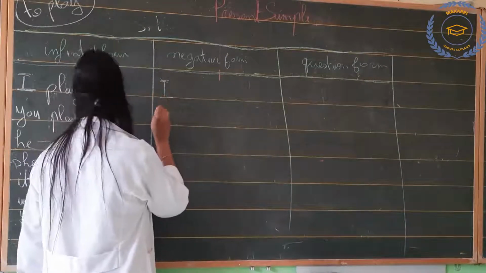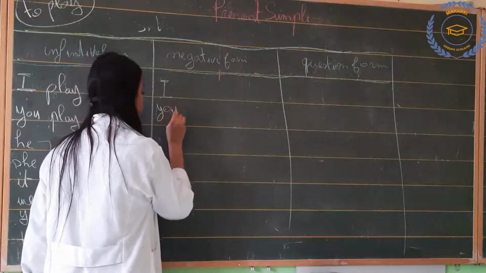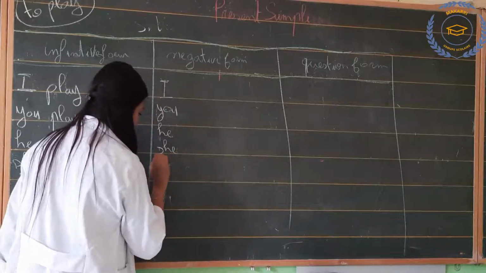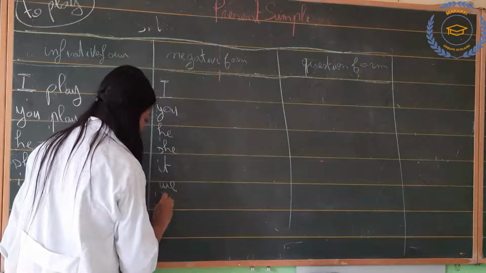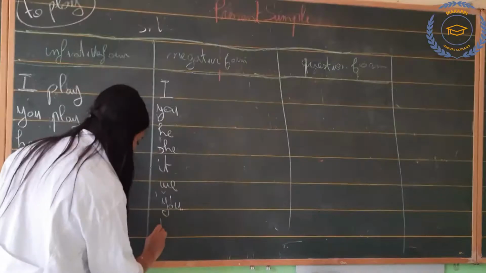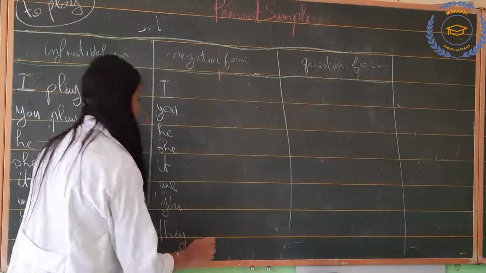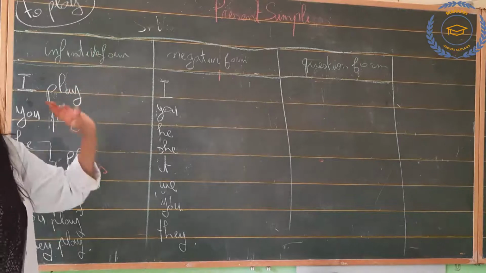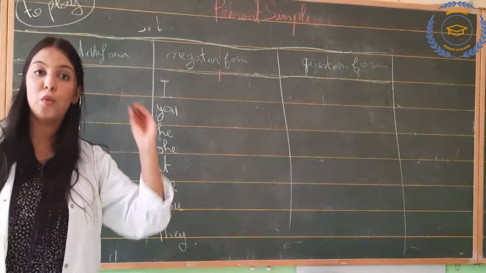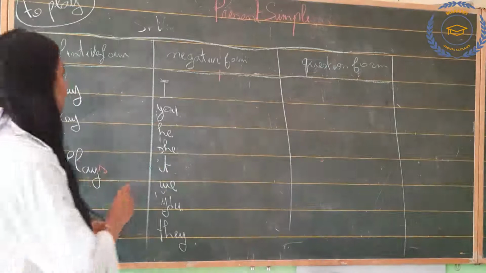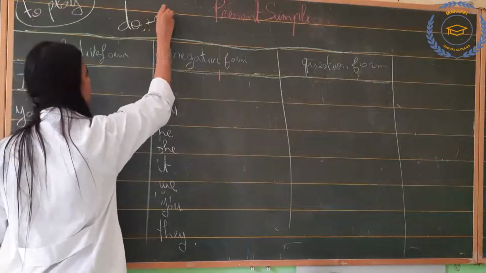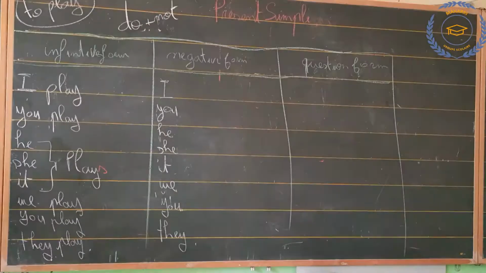Again, personal pronouns I, you, he, she, it, we, you, and they. To make a negative sentence in the present simple, we have to add two words, do and not.